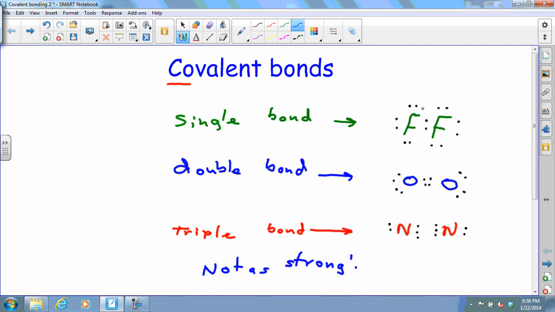Obviously, if a metal were to show up, these fluorines are sharing one bond each, so each of them has an electron, and if a metal were to show up, like one of the alkali metals, this fluorine would quickly bond like sodium, and we'd have what we'd call sodium fluoride. Right? So these are not as strong, as I mentioned earlier, as ionic bonds. I believe that's a test question.